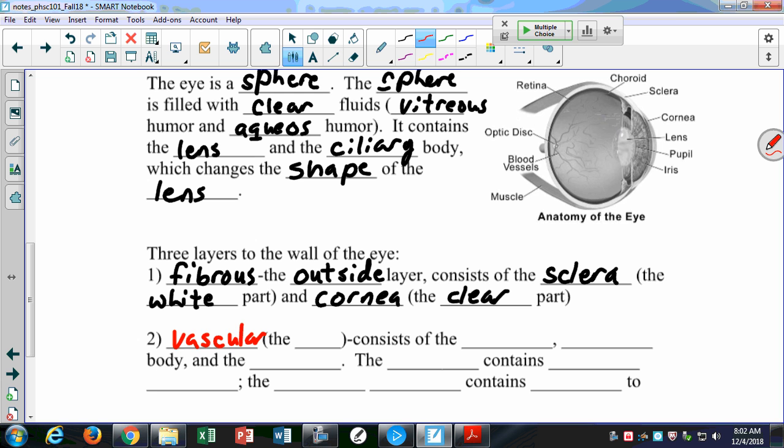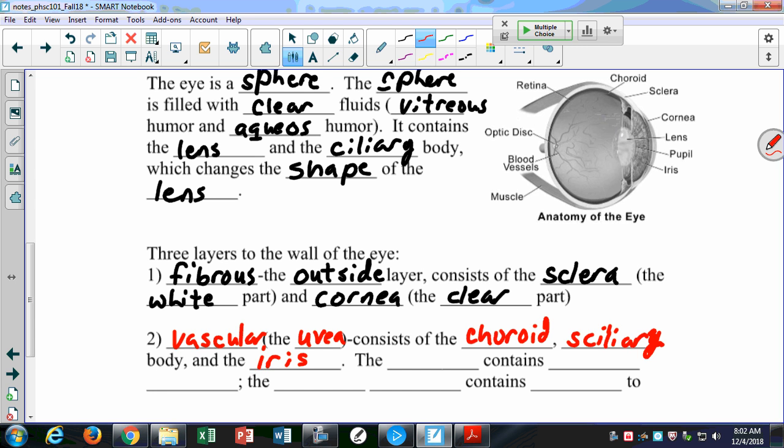The vascular layer is the uvea. This consists of the choroid, the ciliary body, and the iris.